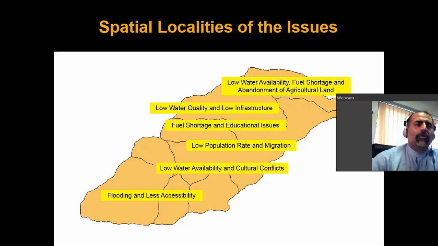You can suppose here that in all upland areas of the watershed you have flooding and less accessibility. And then when you are coming down to the outlet of the watershed, you have low water availability because of over exploitation. You have also fuel shortage, and also loss of agricultural land has been abandoned. So these are the main issues.